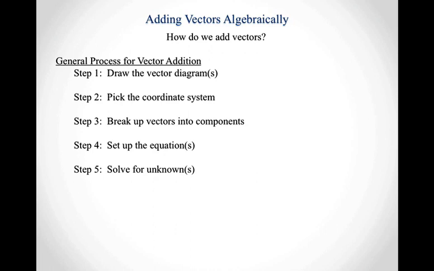We're going to pick a coordinate system, if we haven't already, in terms of putting together that diagram. We're going to break our vectors up into components using that coordinate system. We're going to set up the equations that we then need. We'll have one equation per dimension within the problem, and then we'll solve for the unknowns. And again, if we've done this right, we'll have the same number of unknowns as we have equations.